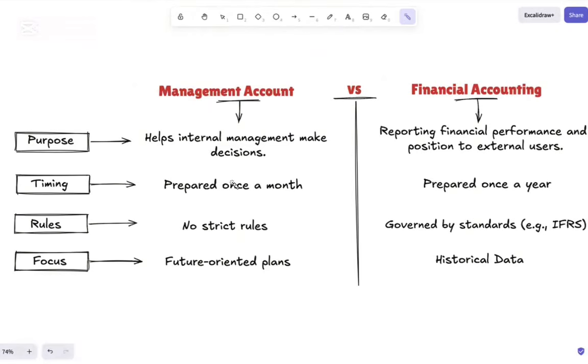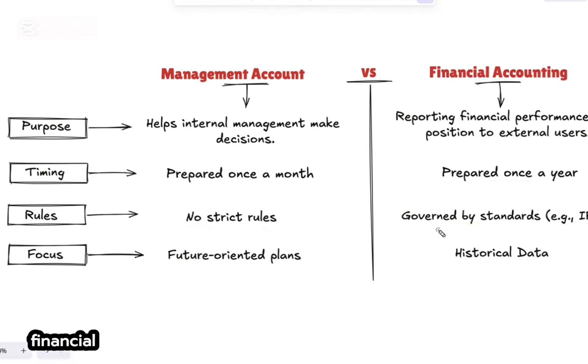About timing, management accounts are usually prepared once a month, while financial accounts are prepared once a year. There are no strict rules for management accounting except the manager's preferences and needs, while financial accounting should follow rules and standards like the International Financial Reporting Standards.